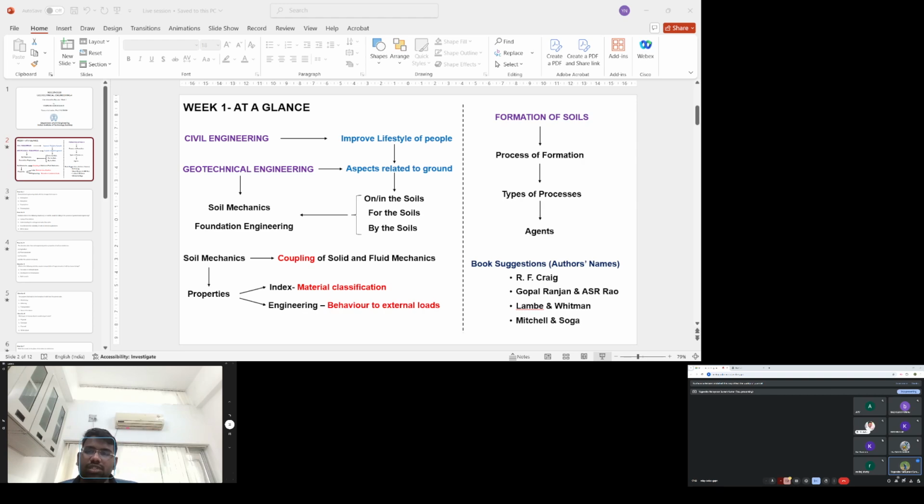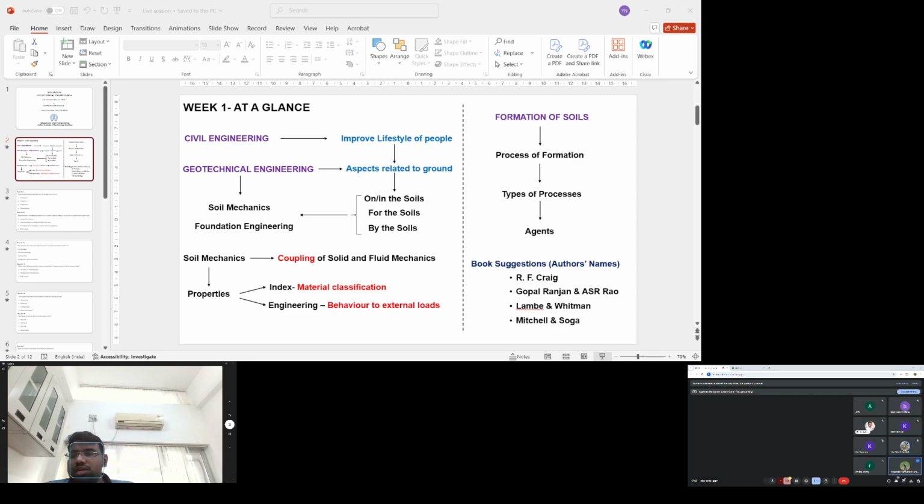So we will be approaching it from a civil engineering point of view, and the necessary concepts from civil engineering that will be useful in the classification of soils, and further to establish the properties of the soil.